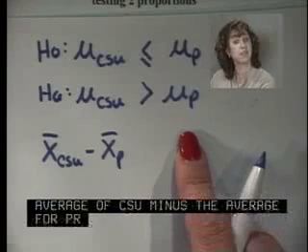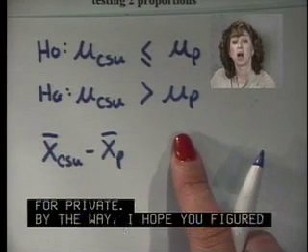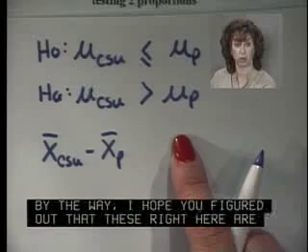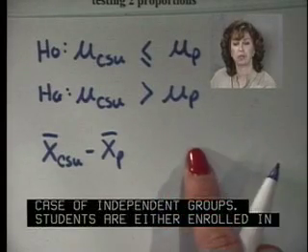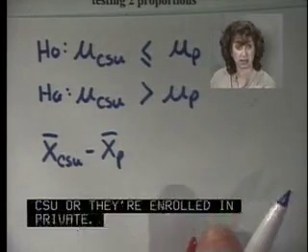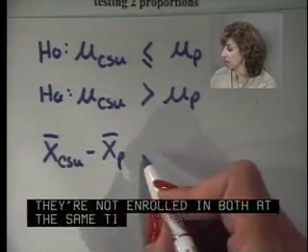By the way, I hope you figured out that these right here are a case of independent groups. Students are either enrolled in CSU or they're enrolled in private. They're not enrolled in both at the same time. So CSU minus private.